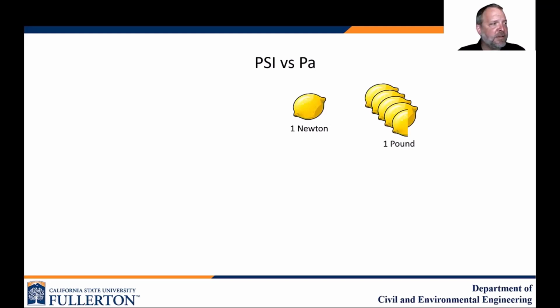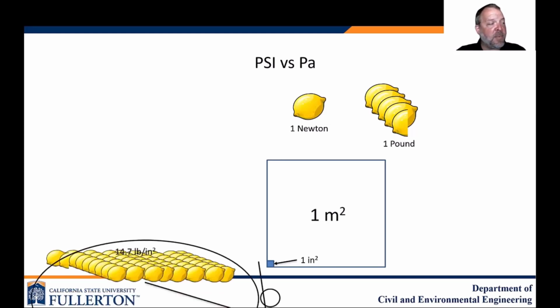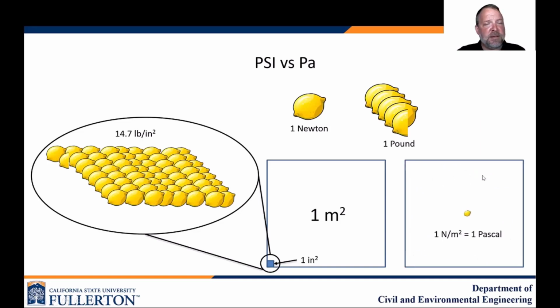So about 4.5 lemons. If you look at a square meter, and you can compare here a square meter to a square inch, a square inch is much, much smaller than a square meter. But we talk about the atmospheric pressure as being 14.7 pounds per square inch, so 65 lemons on a single square inch. Compare that to a Pascal. A Pascal is 1 Newton per meter squared.